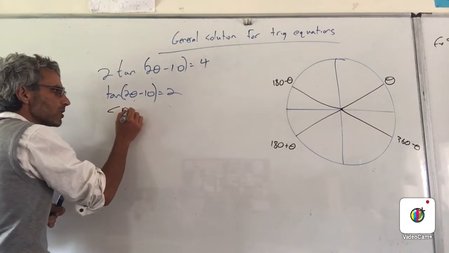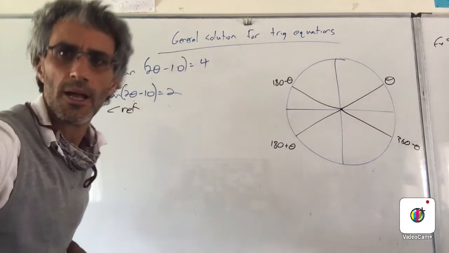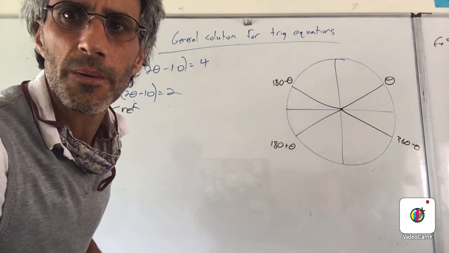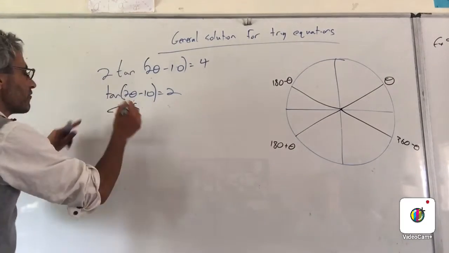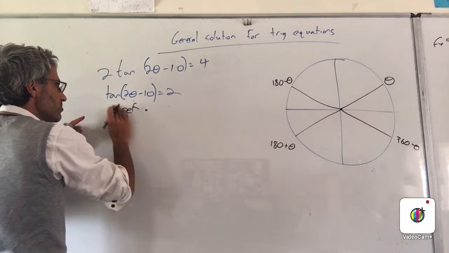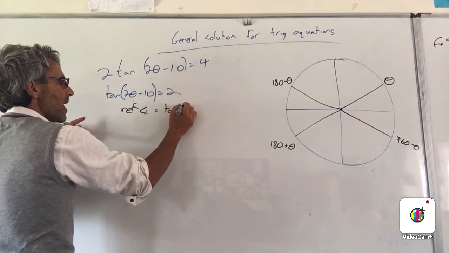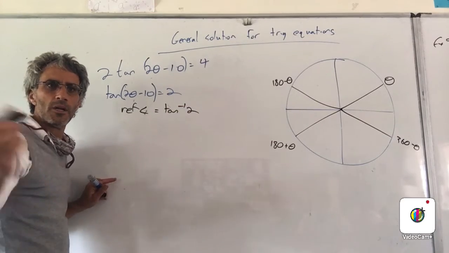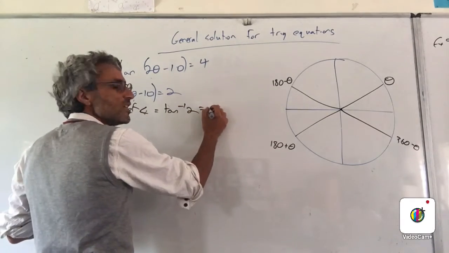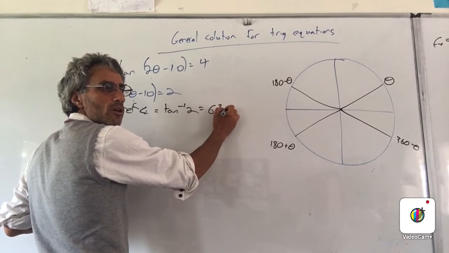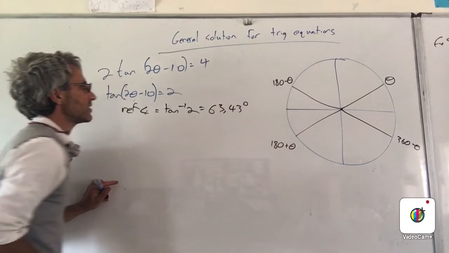Was there another question? Can't you find the inverse term? Yes, you can. A good question. So the reference angle is going to be tan minus 1 of 2, which is 63.43. Fantastic.